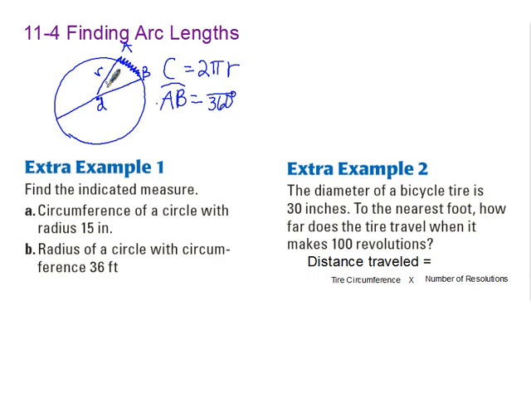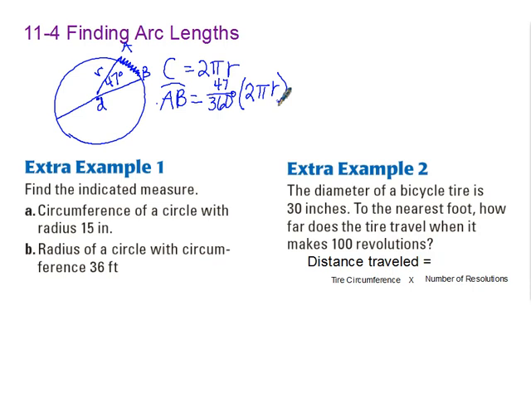If we said that this was 47 degrees, the central angle of the arc length, we would say this is 47 over 360 times 2 pi r. And we would put it in the calculator with the radius and go from there.